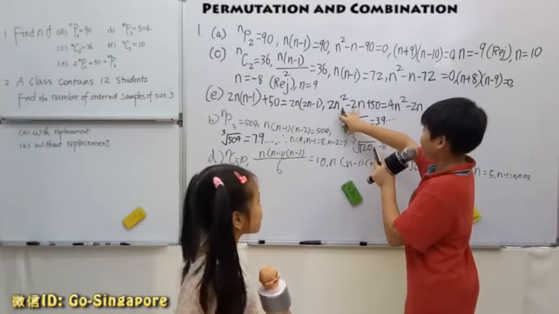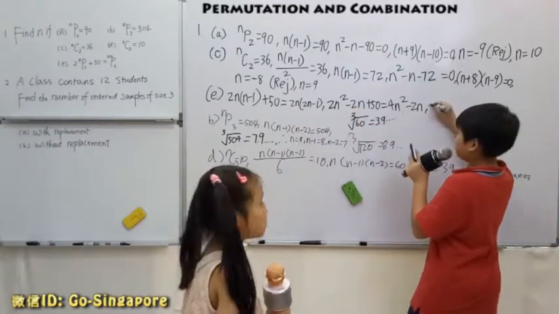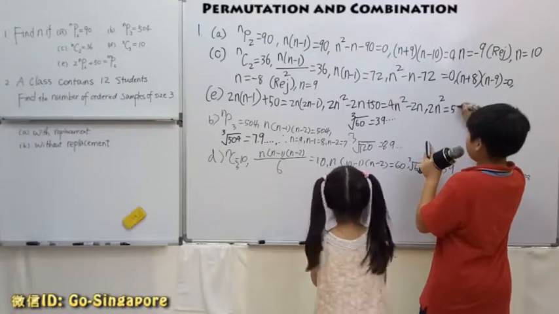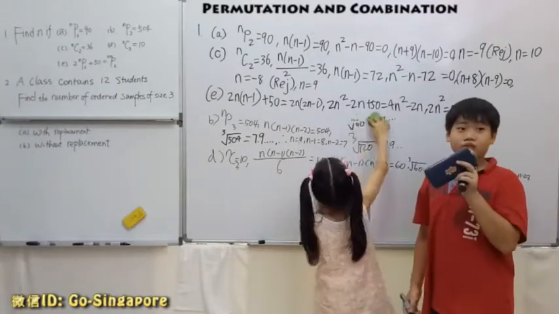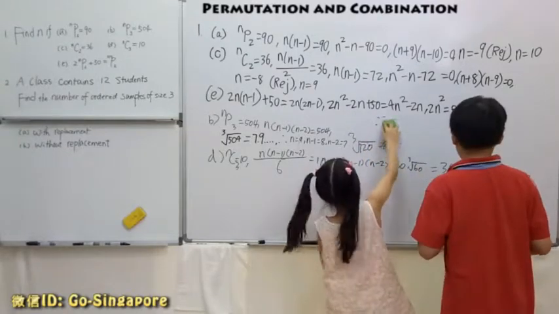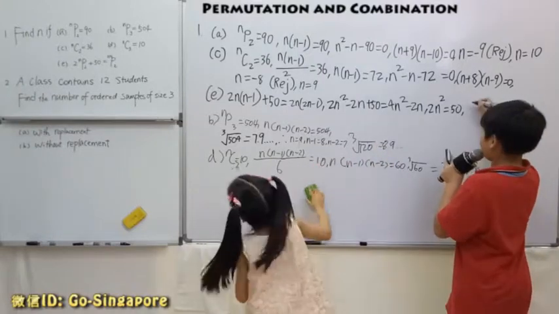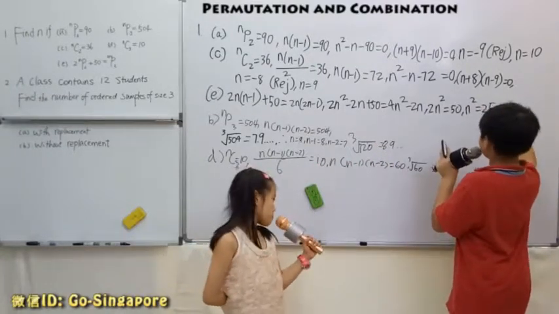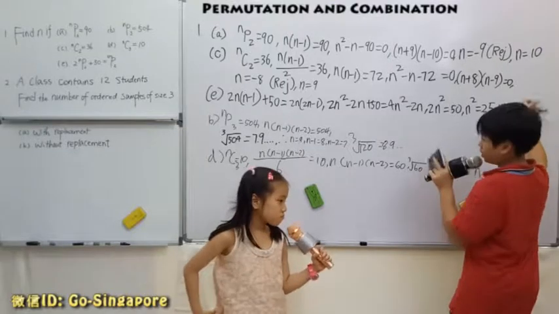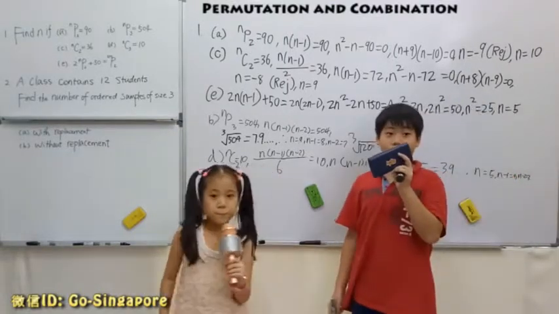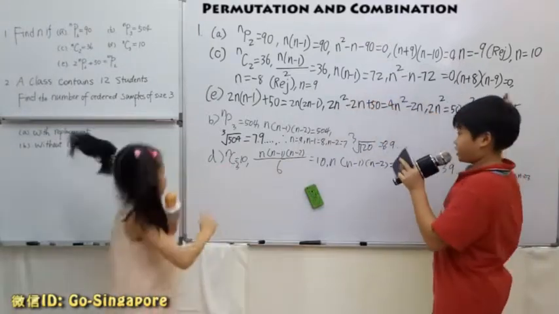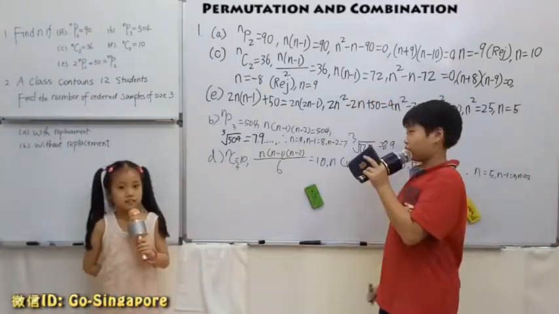So actually you can move this part here, which is 2n squared, and this one just erase. 50, right? Then for this you can find n squared, which is 25, and so n is 5, correct? Yes. So we found the answer for part E, correct?